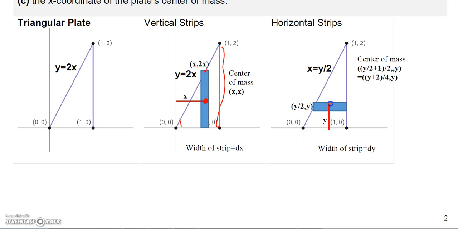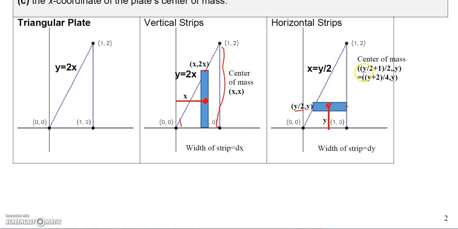So this point right in here that represents the center of mass, the y value would just be y, and the x value would actually be the sum of the corresponding y value over here, which is y over 2, plus the y value here, which is 1.